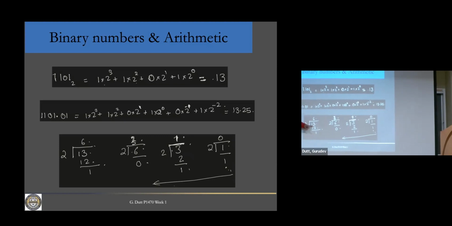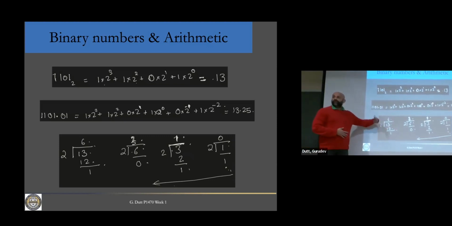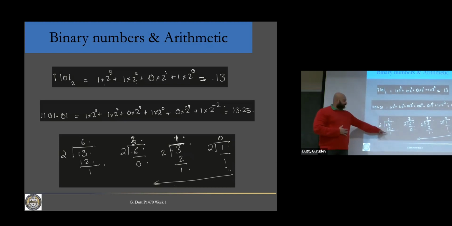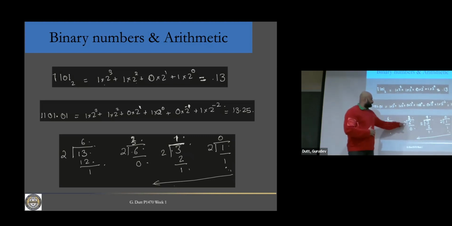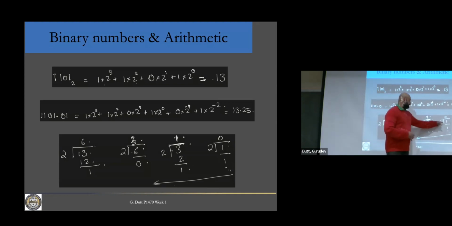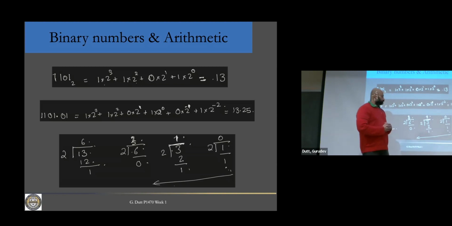If I take the decimal number 13 and I want to convert it to a binary number, I divide by 2. I get a quotient 6 and a remainder 1. Then I take that 6 and again divide by 2. I get a quotient 3 and a remainder 0. Take the 3, again I get a quotient 1, remainder 1. Then I take that 1 and divide by 2.